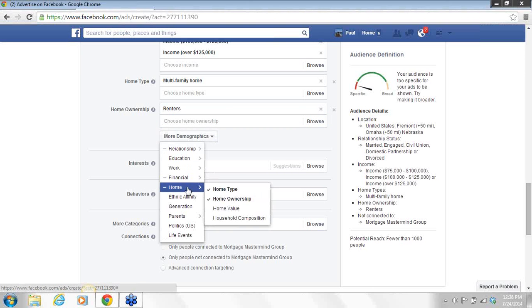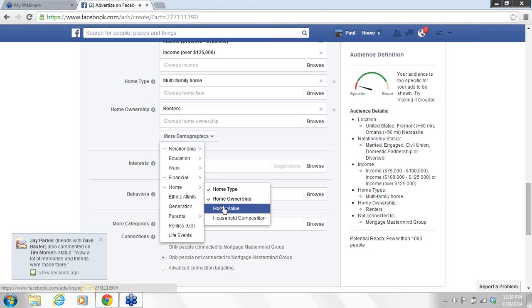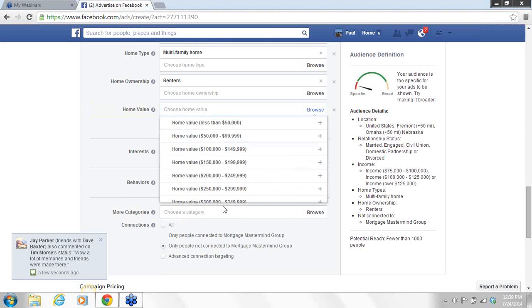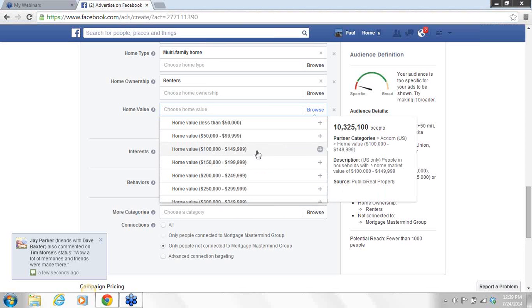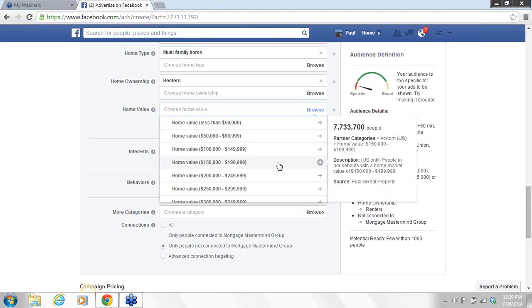More demographics, home. What about home value? How much is their current home worth? There's another demographic that you can include if you're focused on only targeting people that are going to be in the market to upgrade, or they fit within your average loan amount.